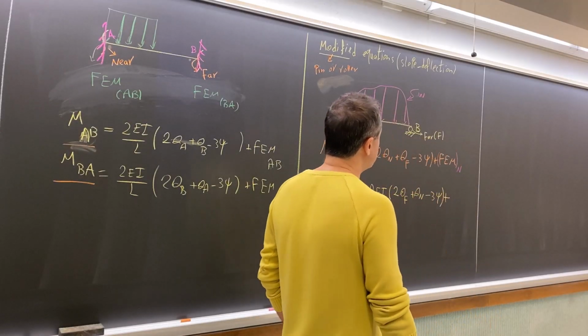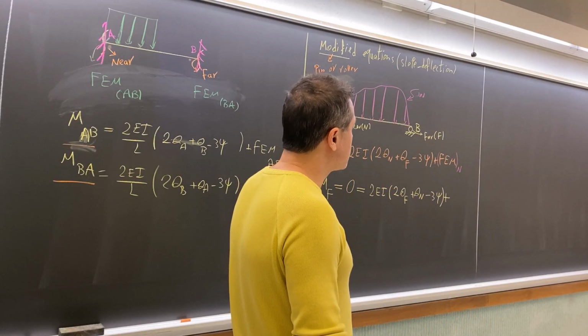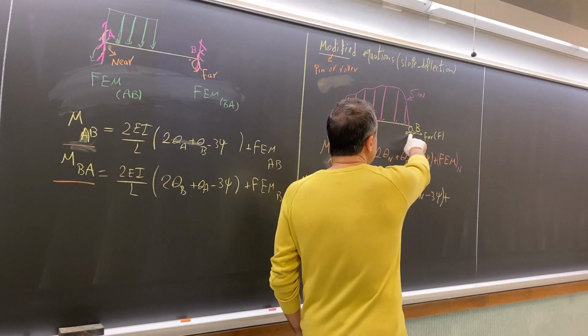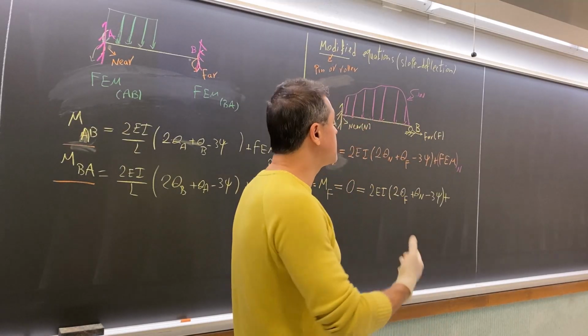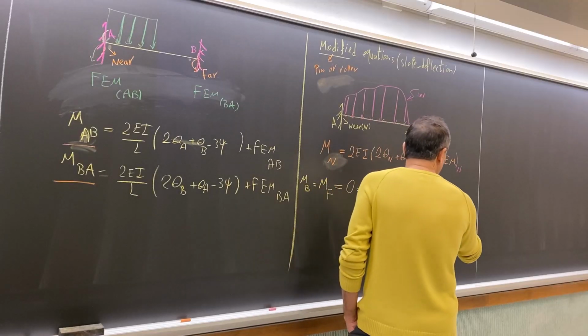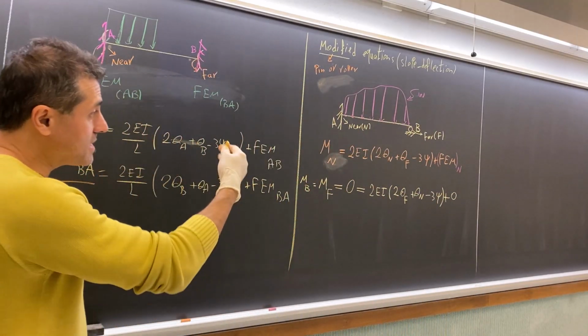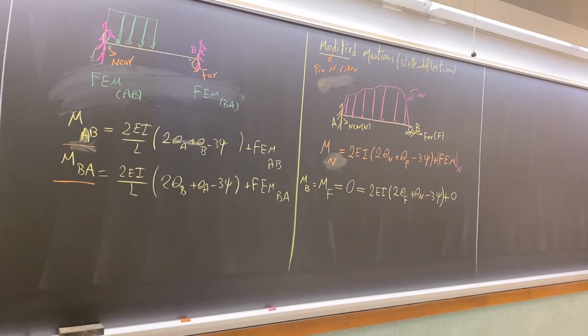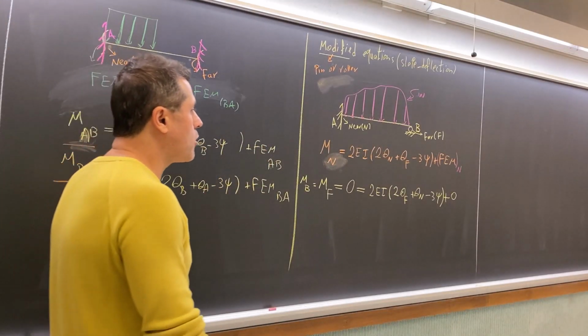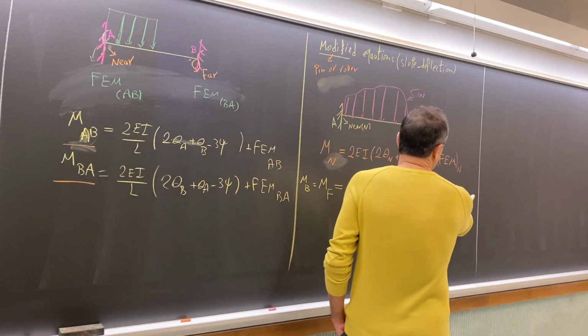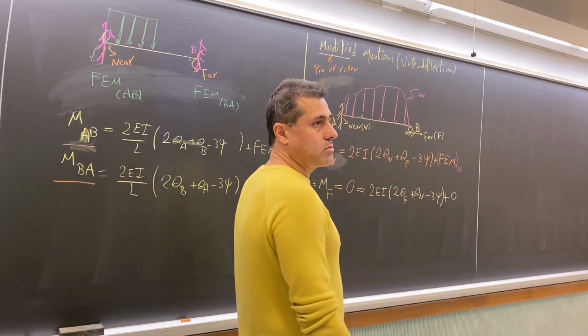But because we already know that point B, the far end, is not clamped, it is a roller, the amount of moment is 0 at that point. So we are basically proving the equation for modified slope deflection. We already know this is a roller, so FEM here is 0.